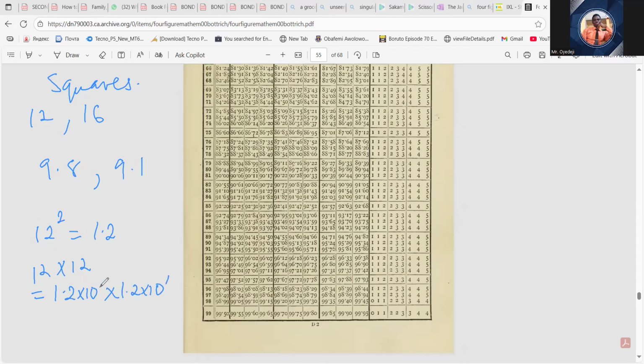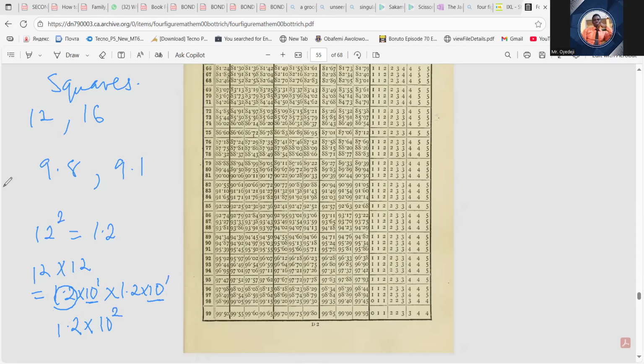Remember how we break that down? Because if we multiply 1.2 times 10, it gives us 12. So since we have 10 here and 10 here, remember the laws of indices, we just pick one of the 1.2 and one of the 10, so it becomes 1.2 squared times 10 raised to power 2.